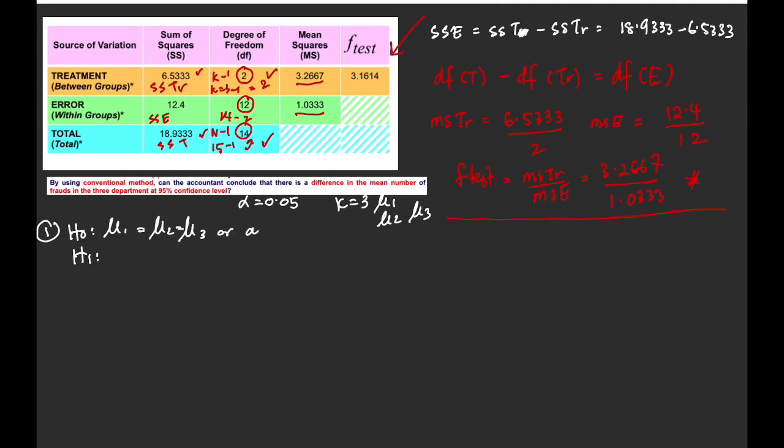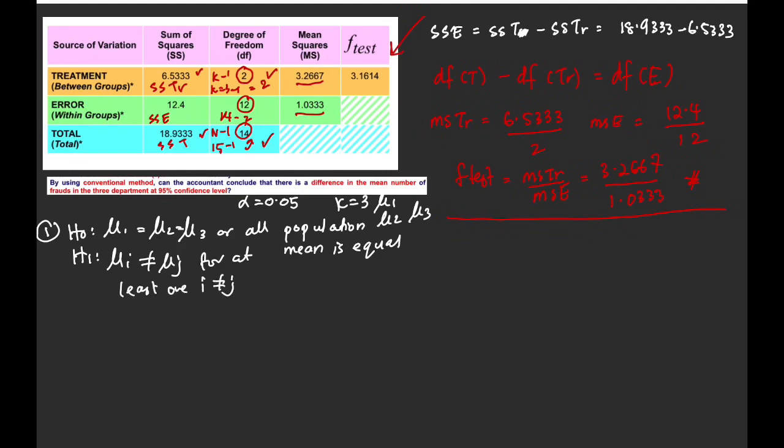Or you can write down all population means are equal. H1: mu i not equal to mu j for at least one i not equal to j.